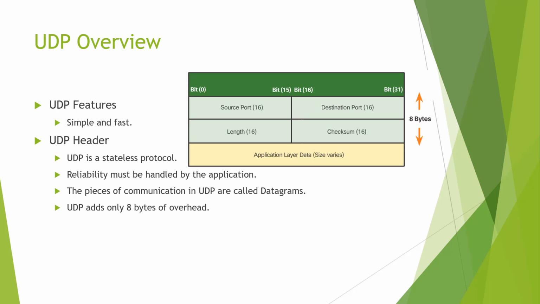Each one of these fields, source, destination, length, and checksum, is 16 bits. So 16 plus 16 plus 16 plus 16, we're looking at a total of 64 bits out of our overall datagram. UDP means we'll add 8 bytes of overhead to our data.